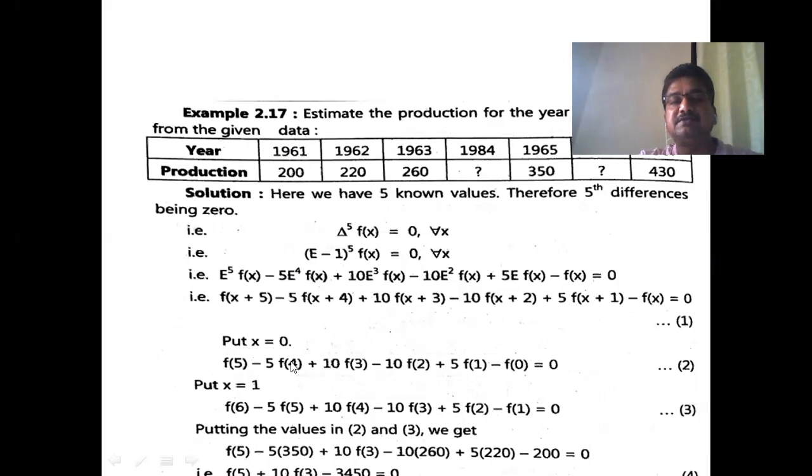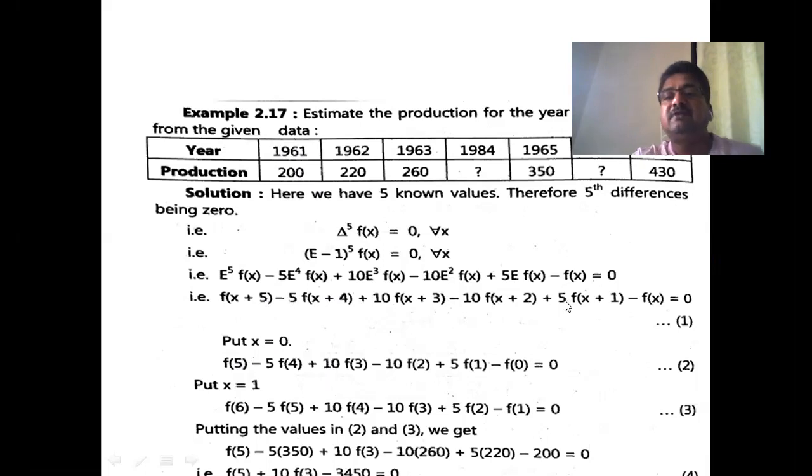So write 1961 here, and then 1961 plus 5, that is 1966, and all the remaining terms, 1965 and all the remaining terms. Then we have the equation. Similarly, substitute x, and that is equation 1.